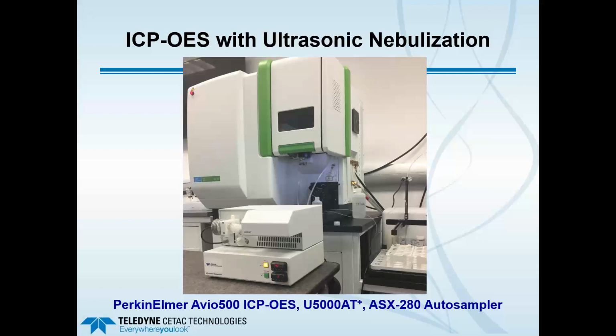In the middle of the picture, it's hard to see the details, but the built-in peristaltic pump on the host ICP, again, is used to move sample from the auto sampler to an ultrasonic nebulizer. This is just an example showing it on the current model, but the data collected was on an Optima 5300.